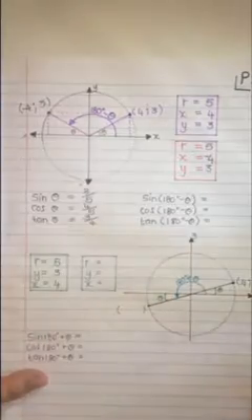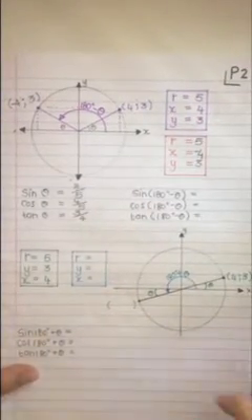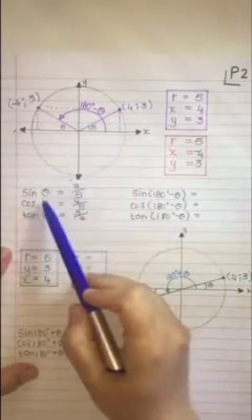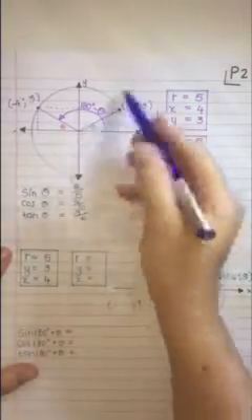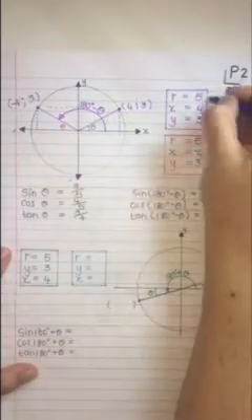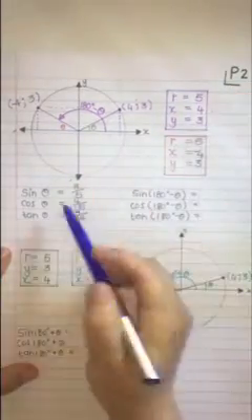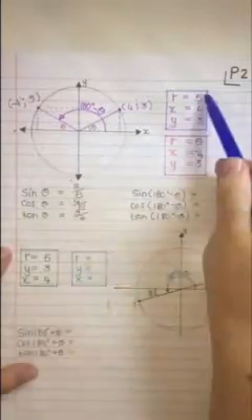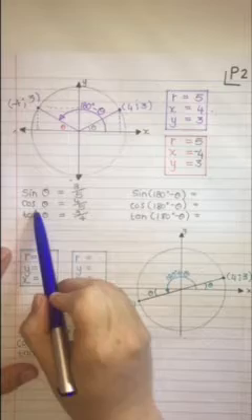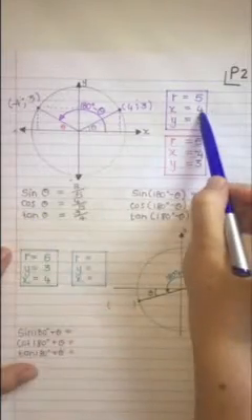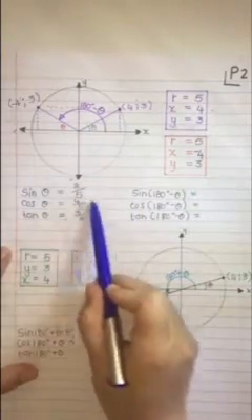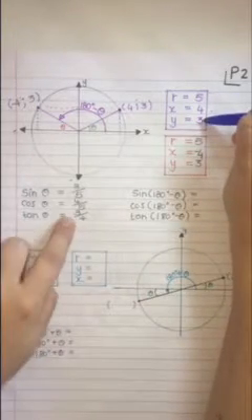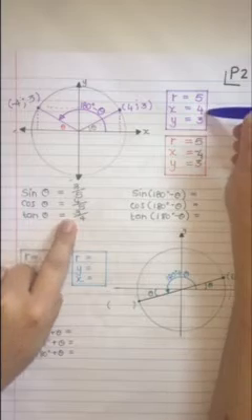So here you can see that sin of theta, they mean this one, which is that little block. Remember, sin is y over r, so it's 3 over 5. Cos is x over r, 4 over 5, and tan is y over x, so it's 3 over 4.